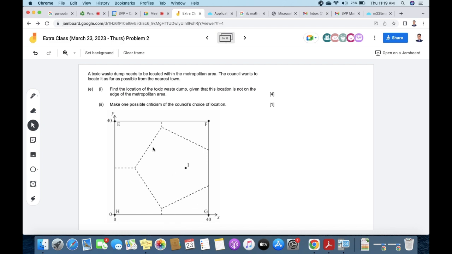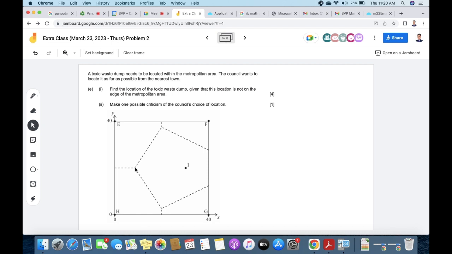Within the lines here, try to check. Yes, it should be this one within the intersection. Because we are pretty sure that this intersection is made up of, let's say, the perpendicular bisector of H and E, of H and G, of E and F. In other words, this vertex, the intersection, is as much as possible of equal distance to all the points within that particular region.